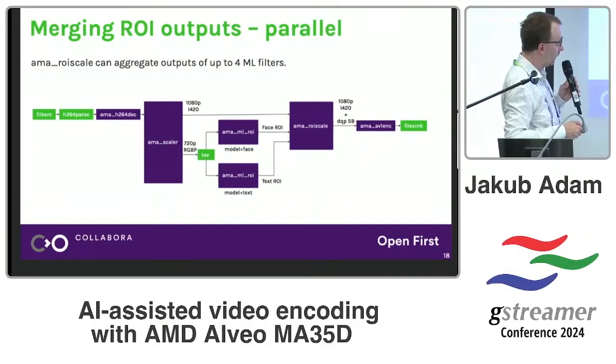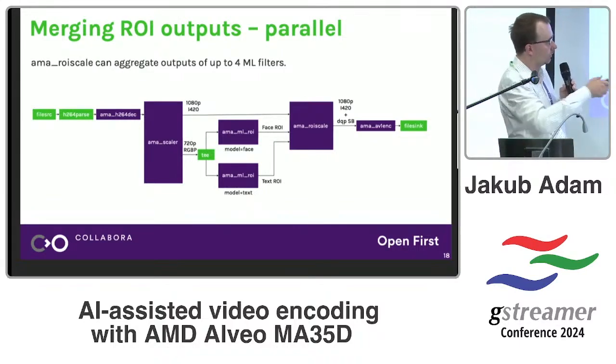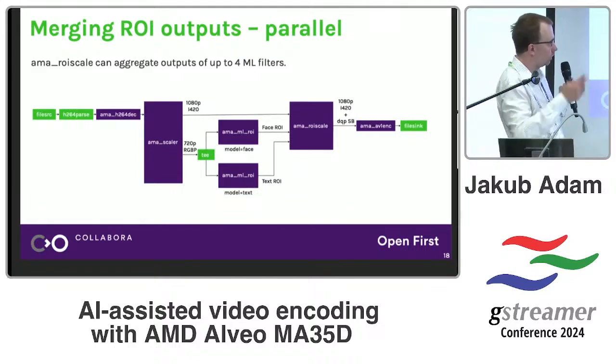This will convert the ROI data that are just detected objects to dynamic QP sideband data that can be fed to the AV1 encoder, and that encoder will just use this data to put more bandwidth to the areas where the objects were detected, so you will retain more detail, whereas other areas of the image don't need to be affected.